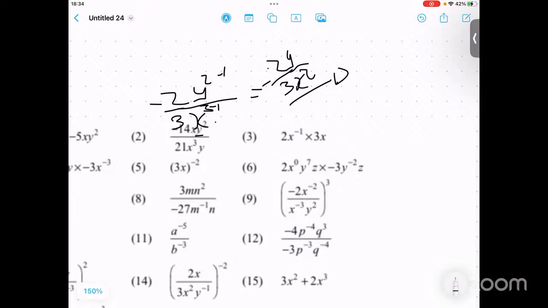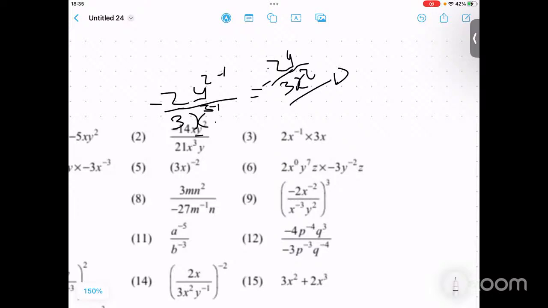Then she checked how many times 7 goes into 14 and into 21. So it was 2 and 3 respectively. That's why you have 2 divided by 3, and the 2 has a minus because we have a minus 14. So minus 14 divided by 7 is minus 2, and we have a minus 2 divided by that.